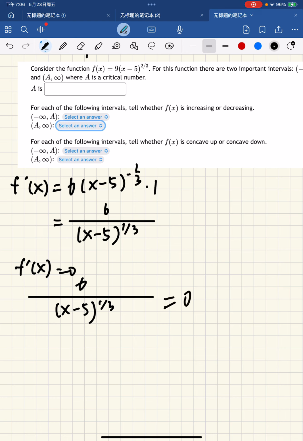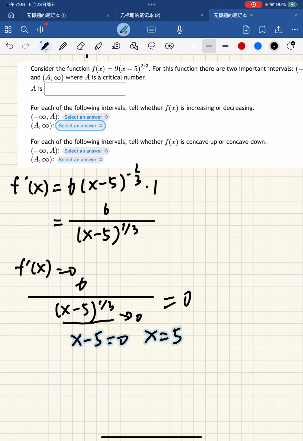So as it's shown, we just need to let this part equal to 0. So that will equal to just let x minus 5 equal to 0. In that way, we can easily know that x will be 5.